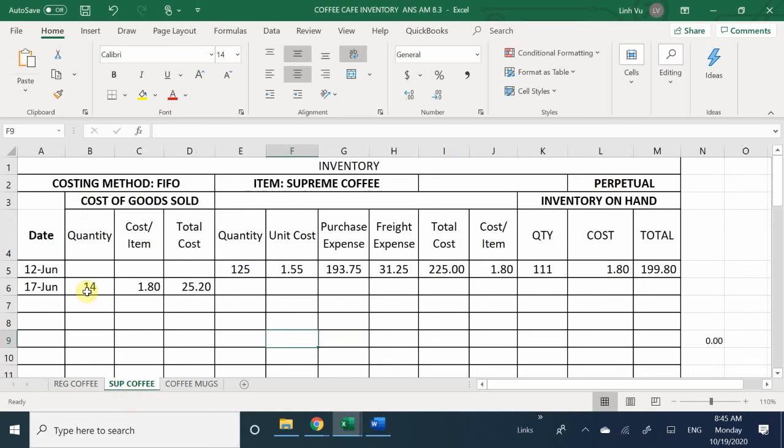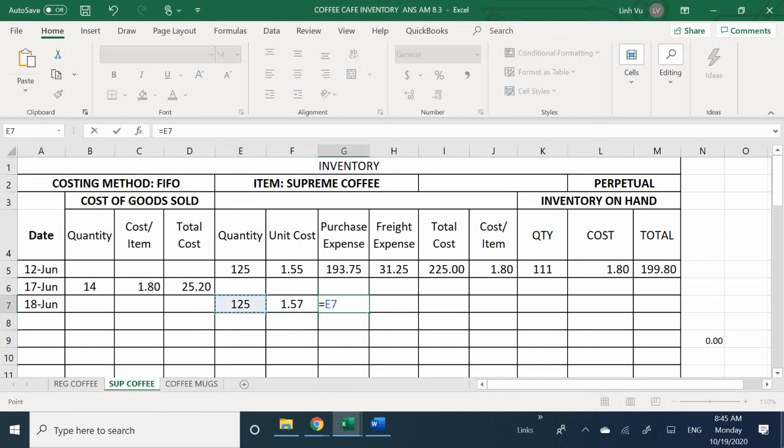Okay, now Supreme Coffee. 125 pounds. That's 1.57. I'm in the wrong one. $1.57. 196.25.